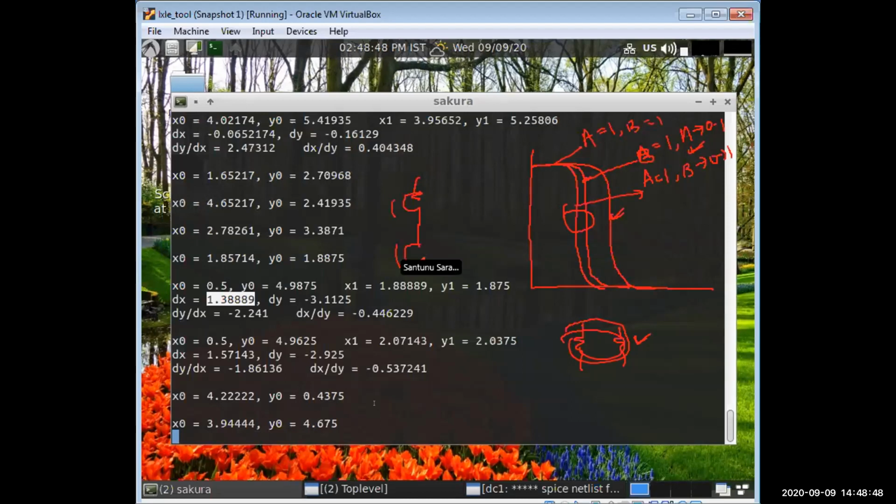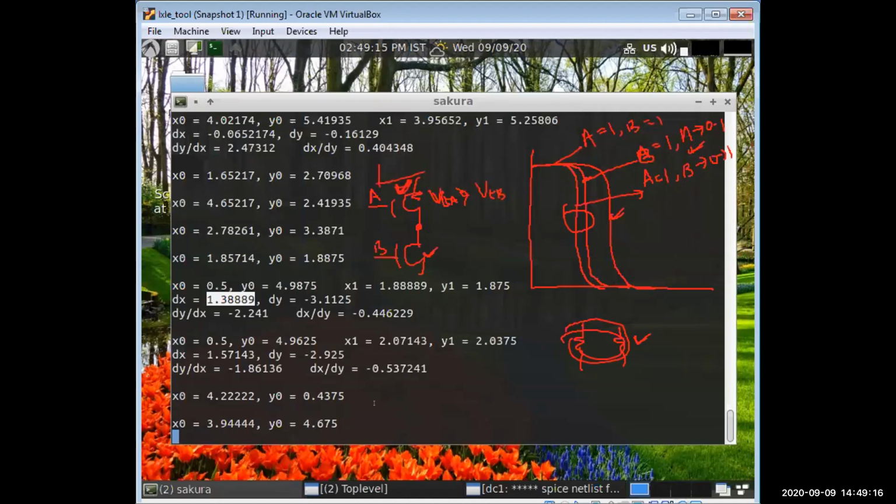So threshold voltage of A is greater than or equal to threshold voltage of B. Yes or no? Yes, sir. Okay, greater. So that one is already on, so now you are changing this voltage.